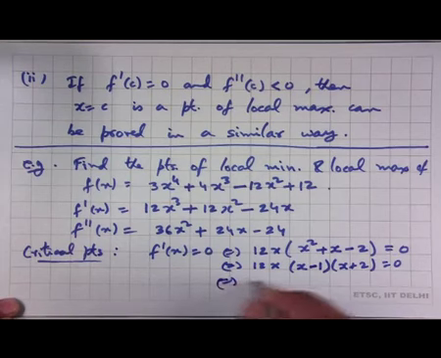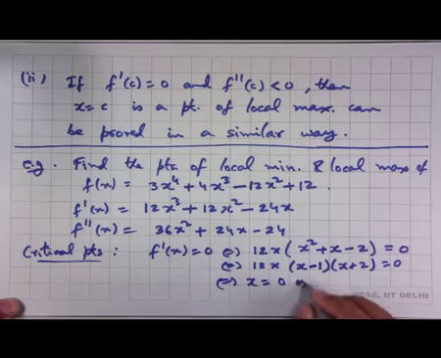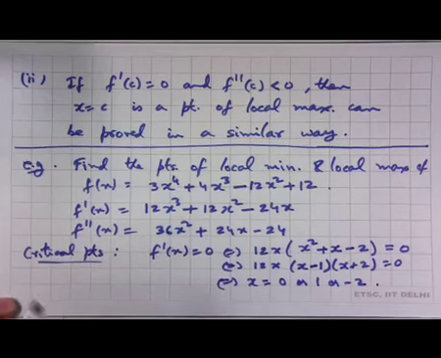So, x is equal to 0 or 1 or minus 2. These are the critical points.